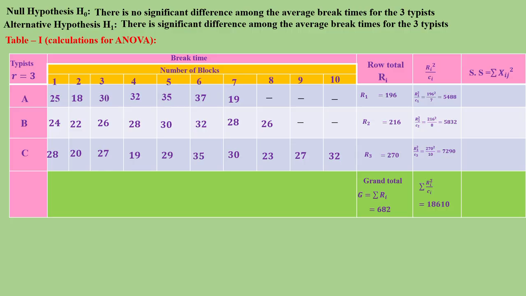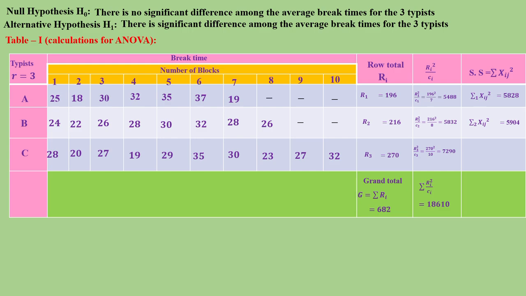Next you have to find the sum of squares of each item. In the first row, the sum of the squares of the items, that is the A values, 25 square, 18 square plus 30 square plus 32 square, so summation xij square is equal to 5828. Similarly second row, B values, square and add up, 24 square, 22 square, etc, you will get 5904.